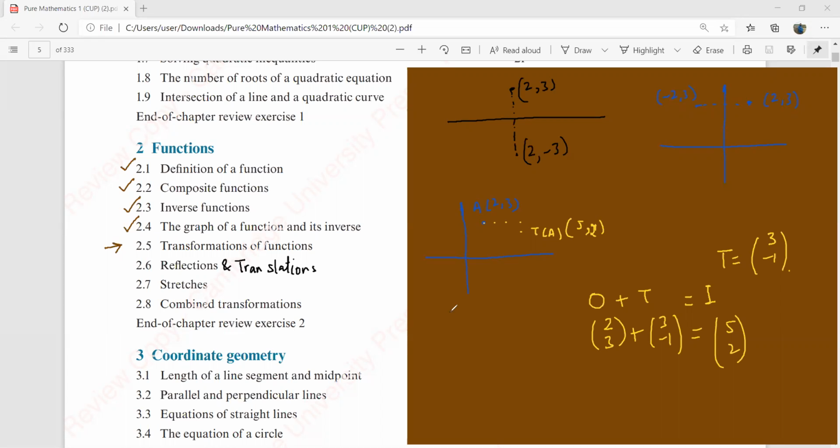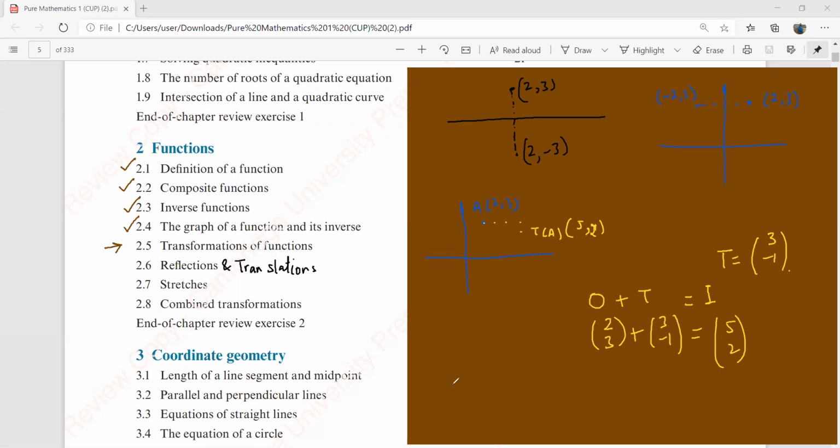In these functions, we shall be mainly talking about the vertical translations, the horizontal translations, and then the combined transformations, which have both horizontal and vertical translations.